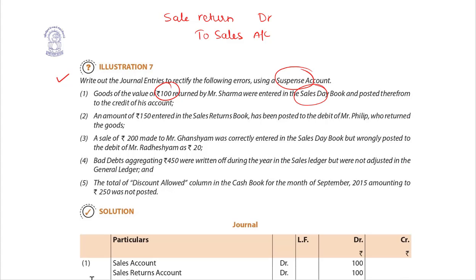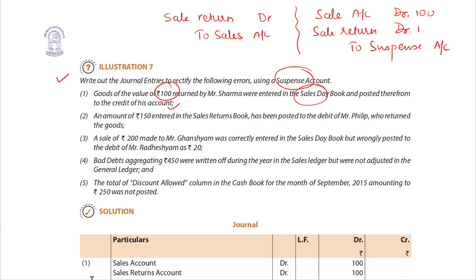So it needs to be credited and they had also credited, so this is fine. The correct entry would be, by mistake we have credited the sale, so now we will debit the sale. Sales account needs to be debited and sales return account needs to be debited, and over here suspense account on the credit side, 100, 100, 200.